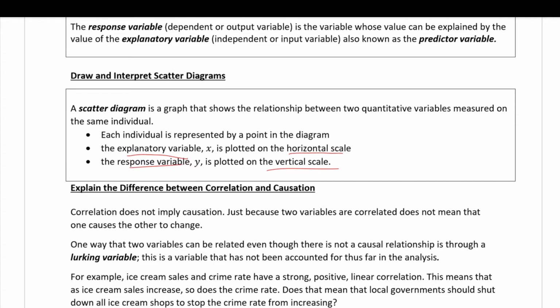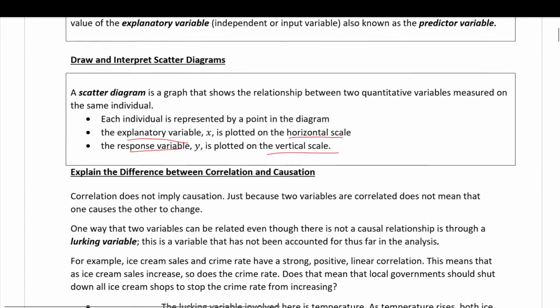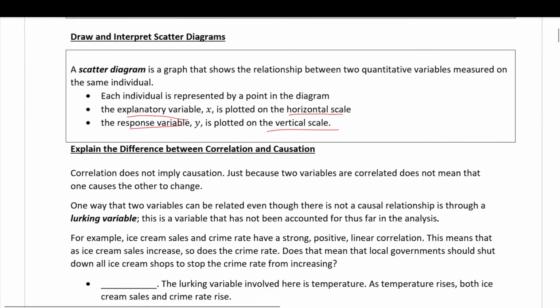Well, one way that two variables can be related, even though there is not a causal relationship, is through what's called a lurking variable. Okay, so this is a variable that has not been accounted for thus far in the analysis. Okay, so it's better to explain this with an example. And maybe you can probably detect what this lurking variable may be just by the outrageous claim that's being done right here.